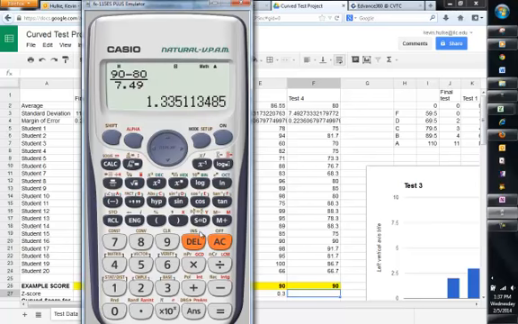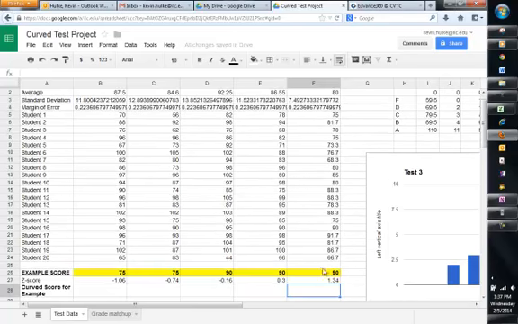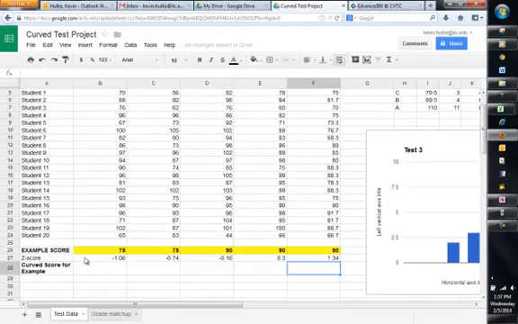Now, my z-score is 1.34. I'm way above average this time. So what we really need to do is to be able to translate these scores into a more fair, and that's why we call it a curved score.